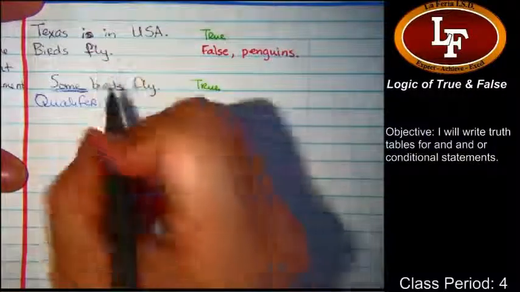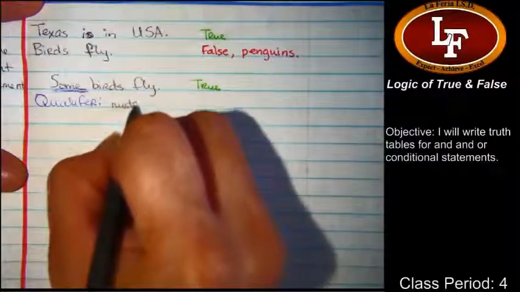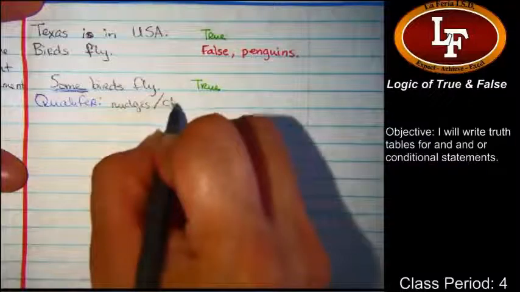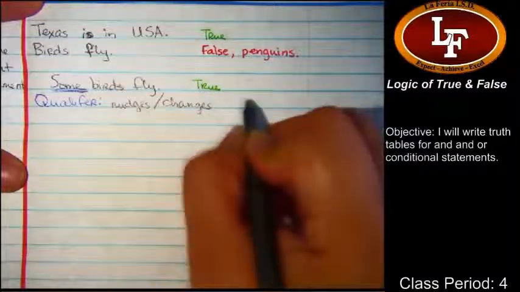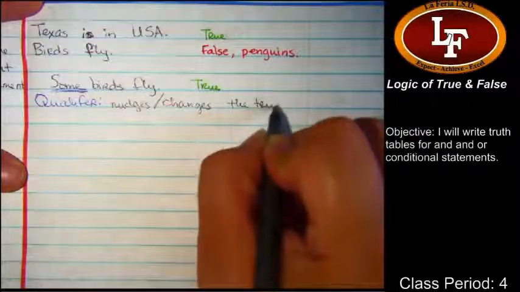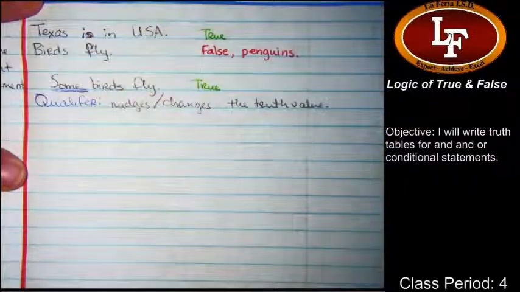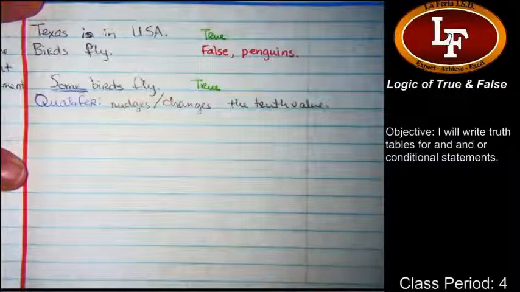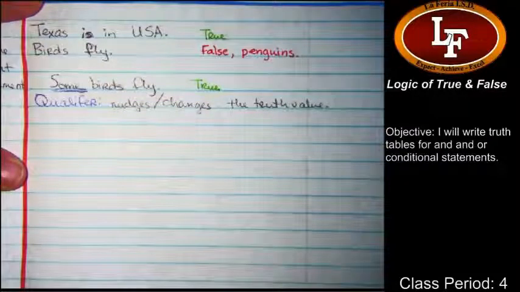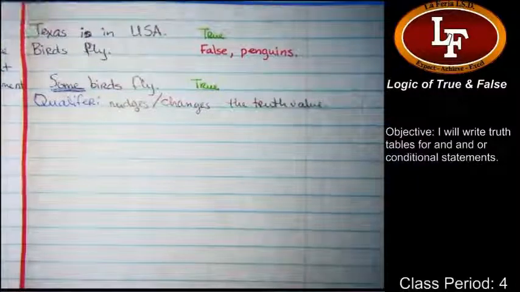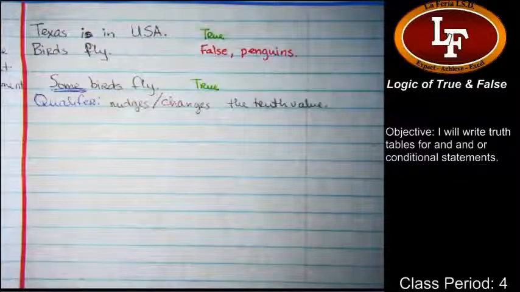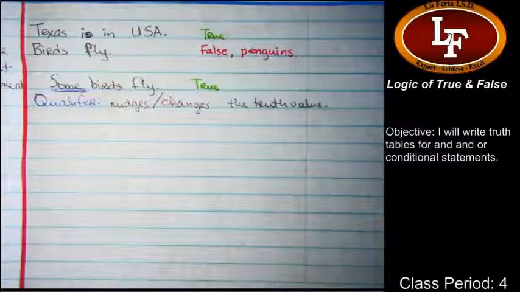And a qualifier is a word that nudges, that changes the truth value. It either makes it completely true, it shoves it into the realm of false, or if we can't tell, like we're leaning one way or the other, it's going to push us into one or the other and make it very clear for us which one it needs to be.